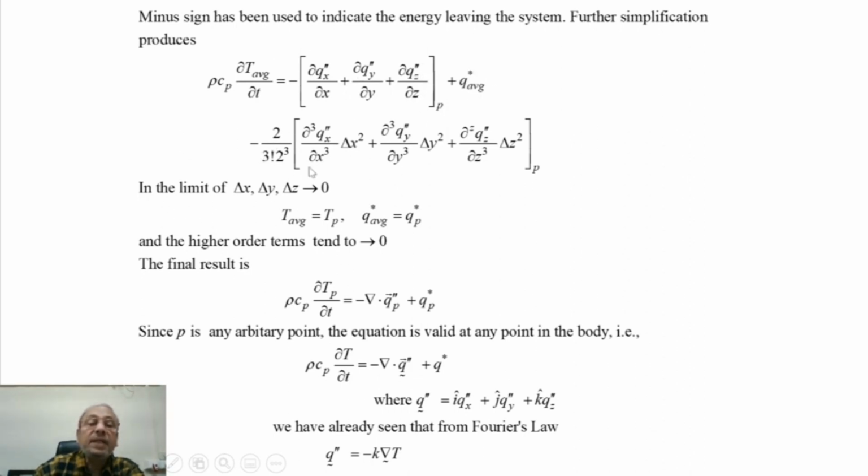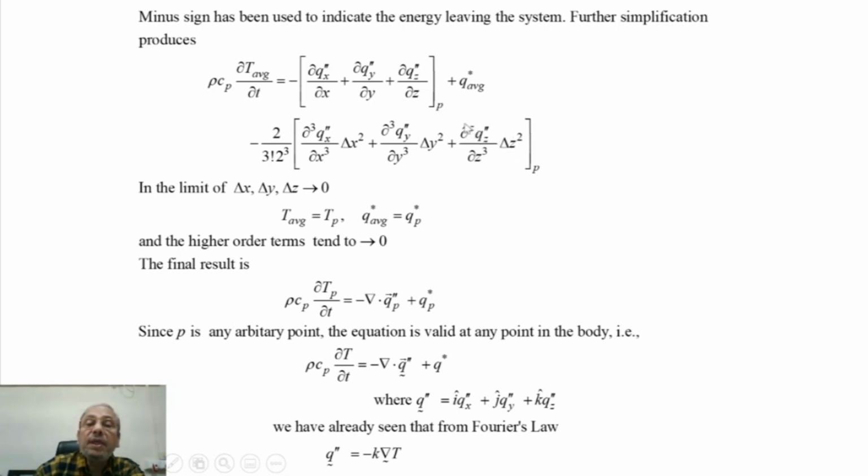plus Q average star minus 2 divided by factorial 3 into 2 cube. Here del 3 qx double prime del x3 into delta x square plus del 3 qy double prime divided by del y3 into delta y square and del 3 qz double prime del z3 into delta z square.